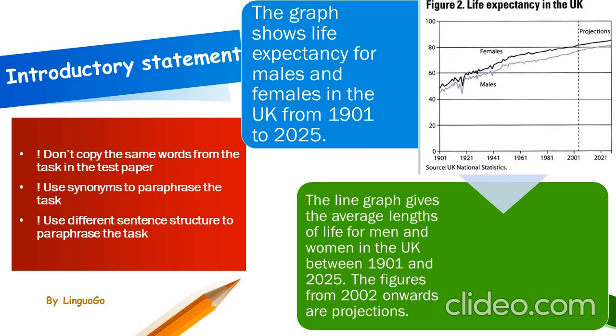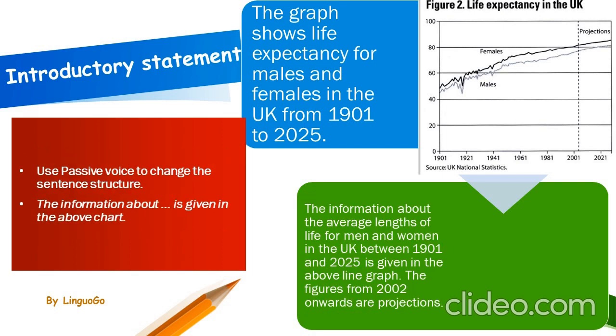So for paragraph 1, you will write an introductory statement, and it may consist of 1, 2, or maximum 3 sentences. So in this paraphrasing, you have 2 sentences. The line graph gives the average length of life for men and women in the UK between 1901 and 2025.